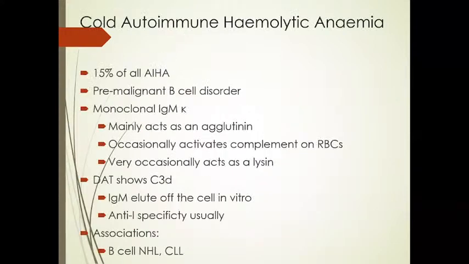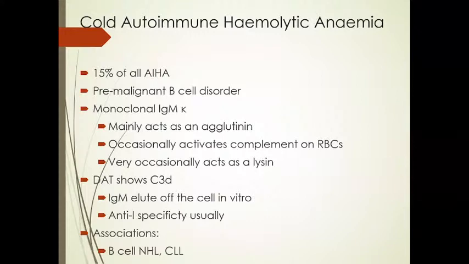Okay. So for the cold, remember the thermal amplitude, the antibodies involved in this work best below 32 degrees. This is the one that is less common than the warm, maybe about 15%. And often we consider it almost a pre-malignant B-cell disorder.